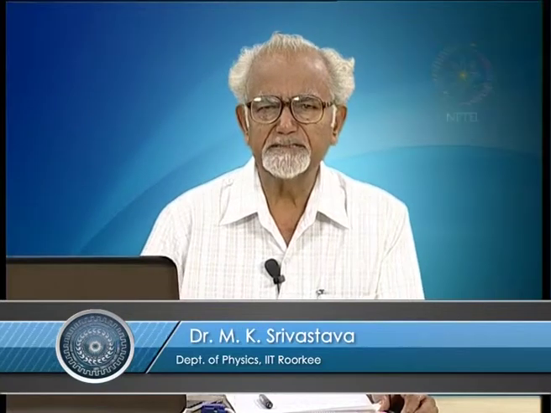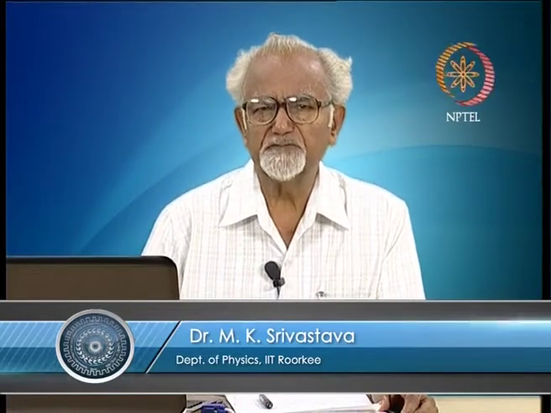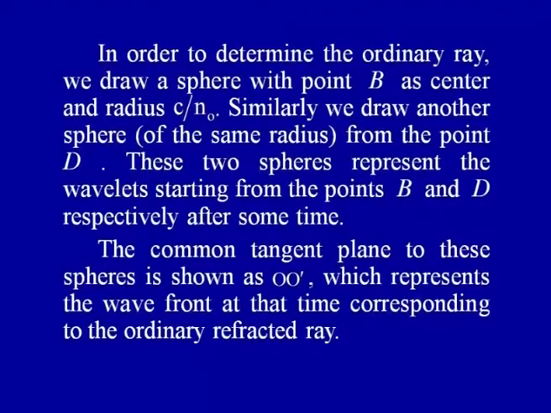So, that is why the radius is the same. So, the second sphere starts from the point D. These two spheres represent the wavelets starting from the points B and D respectively after some time. The common tangent plane to these spheres is shown as OO prime, which represents the wave front at that time corresponding to the ordinary refracted ray.